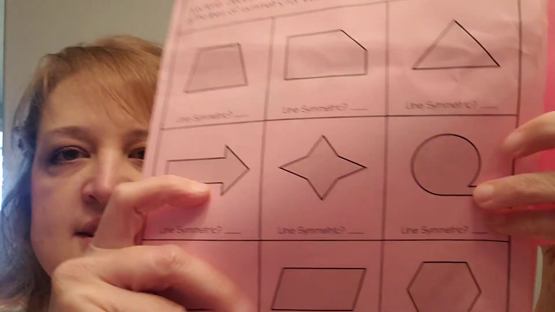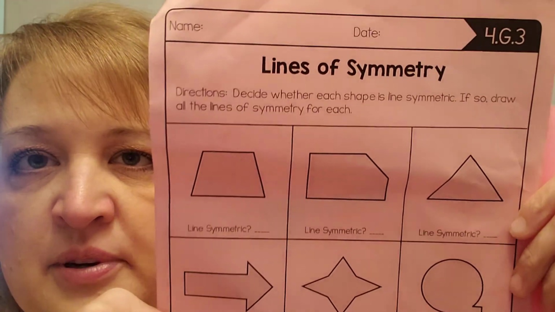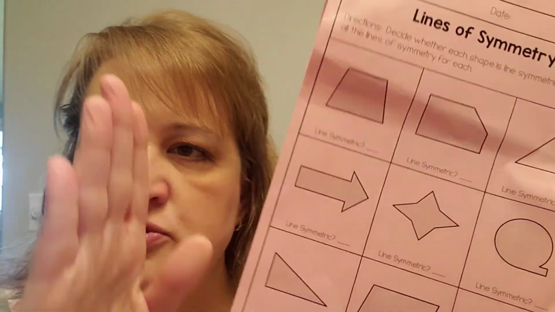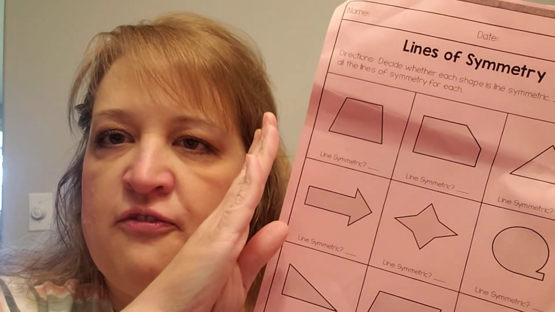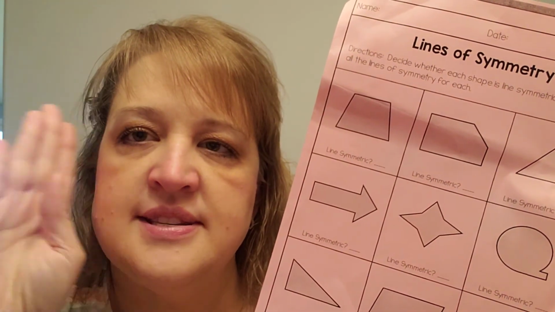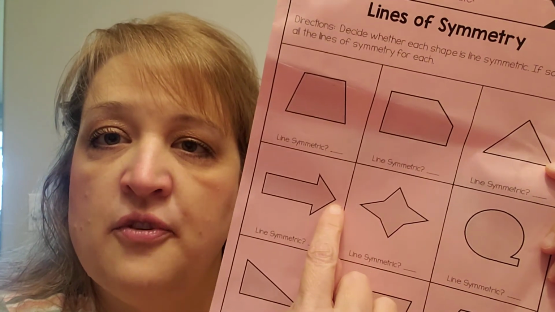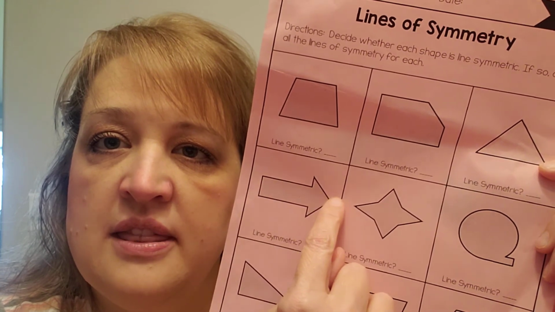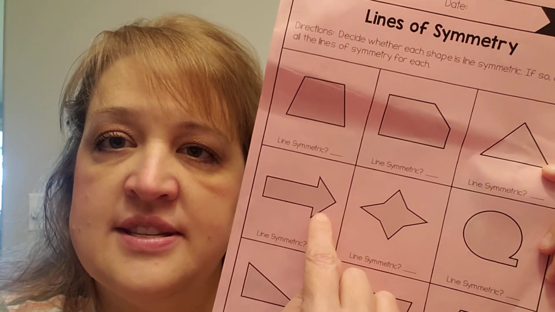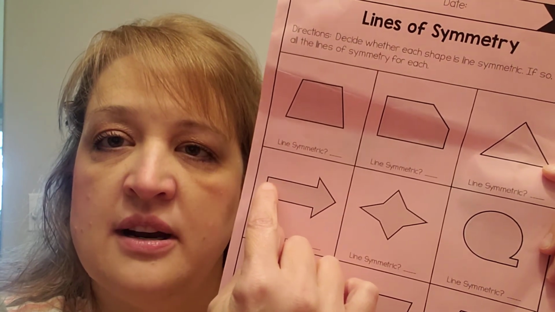And then this is for line of symmetry. Remember, line of symmetry is if you drew a line down the middle, could you fold one half and it be the same as the other half? Okay, so for example, if I drew a line through here in the middle and I folded this on top of this, it has a line of symmetry here.